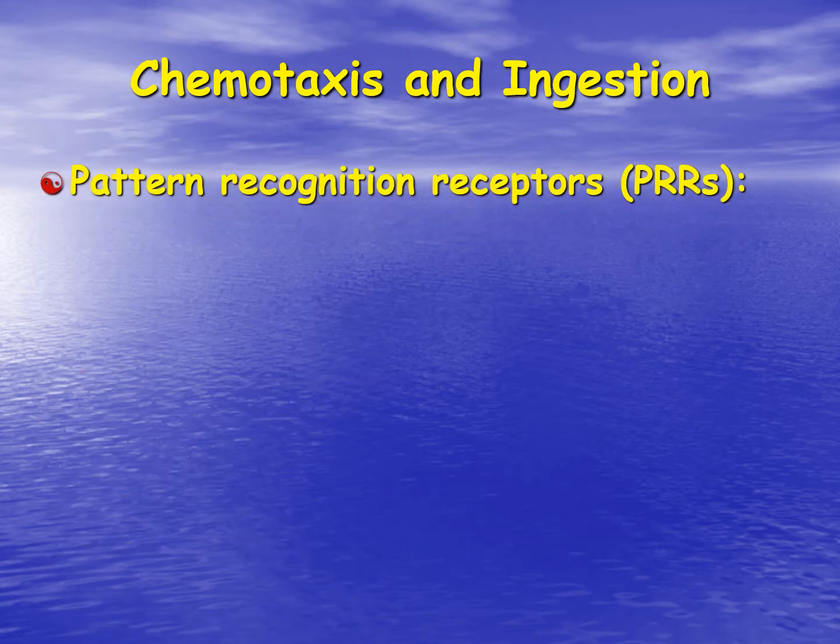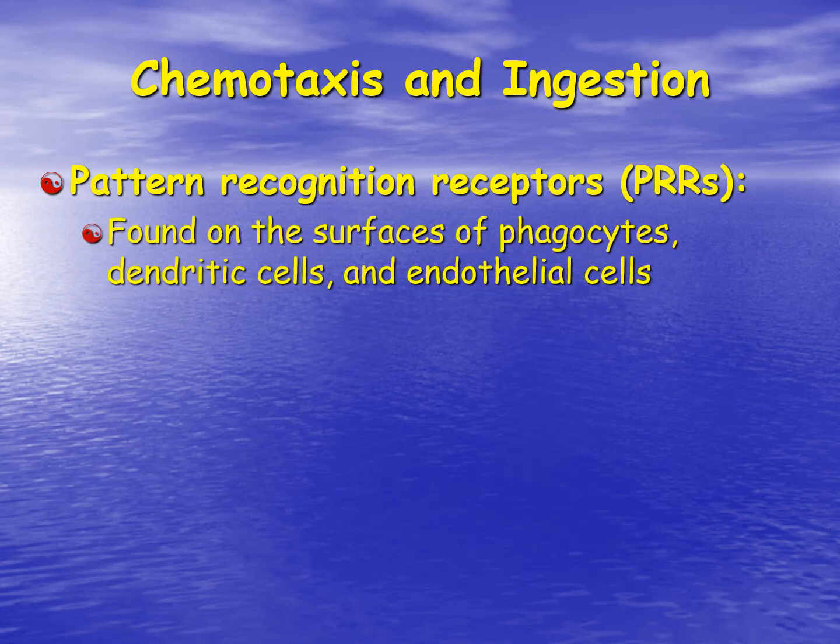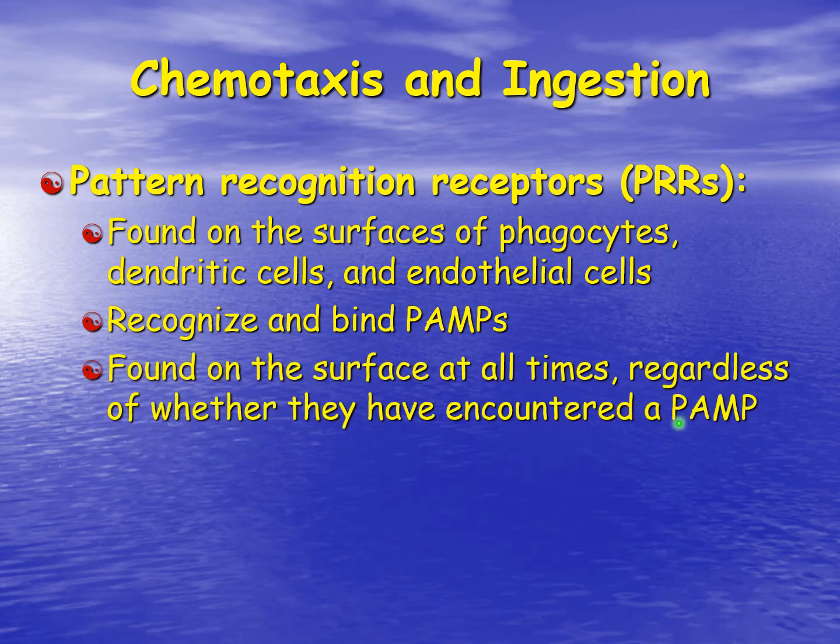On our phagocytic cells, oftentimes, we have pattern recognition receptors that will recognize these PAMPs. And they will bind to the PAMP, and that will initiate endocytosis and phagocytosis of this foreign substance. Now, the pattern recognition receptors are found on the surface at all times, regardless of whether they've encountered one of these PAMPs or not.